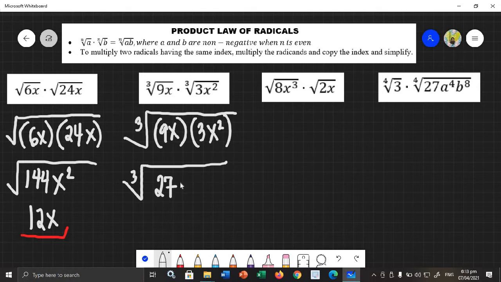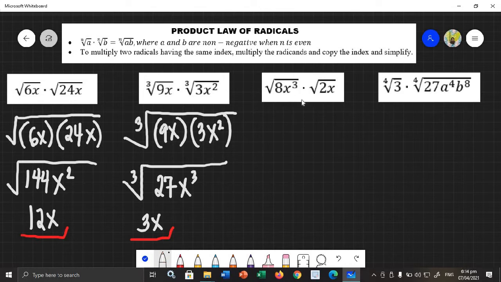X times x squared is x raised to the third power. Observing this, we can still simplify this radical. No? The cube root of 27 is 3. And the cube root of x cubed is x. Therefore, this will be now our answer. So we simplified this radical by using the product law of radicals.